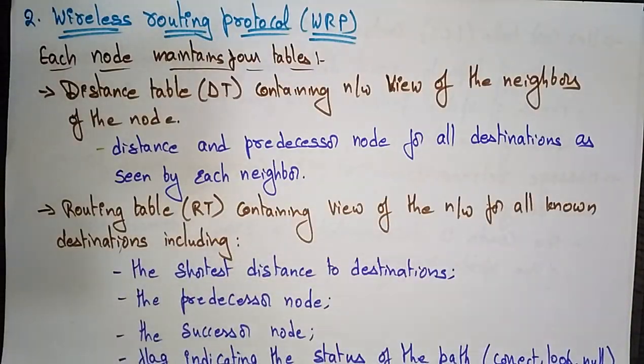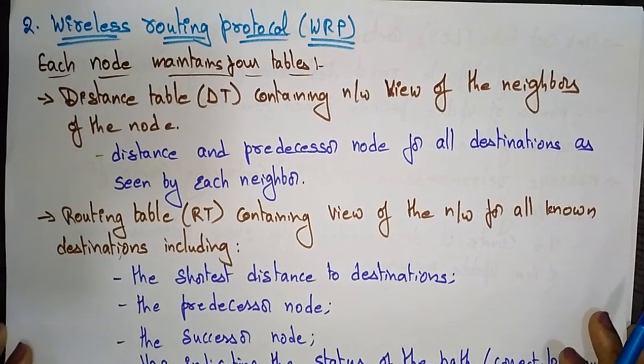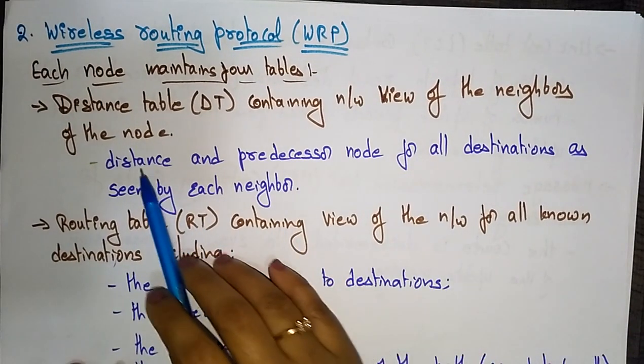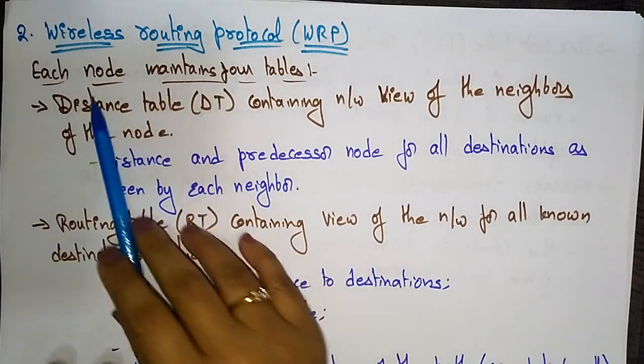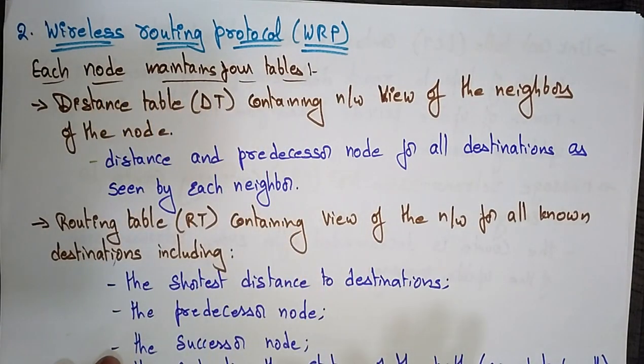What is WRP? WRP is the wireless routing protocol. So what will this wireless routing protocol do? Here each node maintains 4 tables.